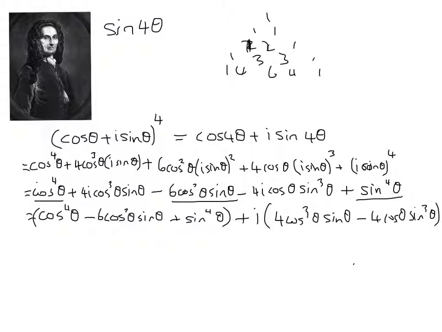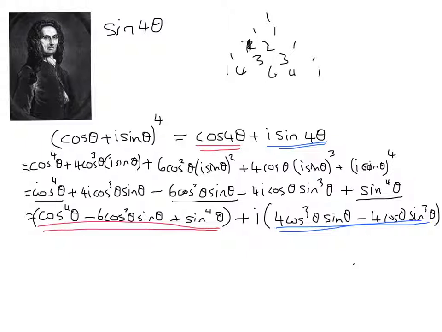So if we've got a complex number, real plus i imaginary, and it equals another complex number, real plus i imaginary, then it must be that the real part equals the real part and the imaginary part equals the imaginary part. So, in particular, since I was interested in sine 4 theta, sine 4 theta must equal all of this.